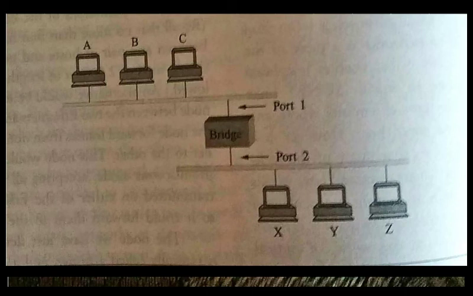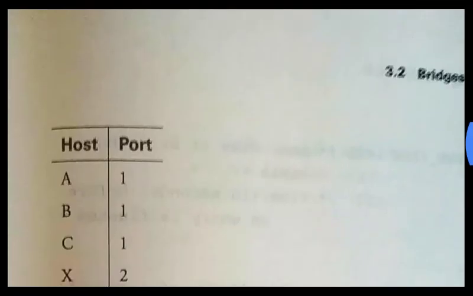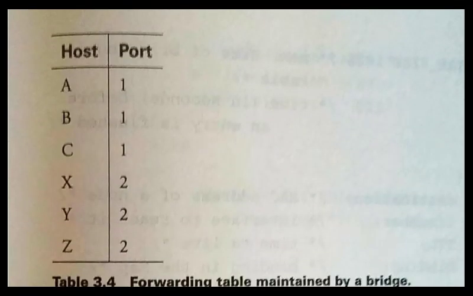You just see it here: whenever the bridge receives a frame on port 1 that is addressed to host A, it would not forward the frame on port 2. There would be no need, because host A would have already directly received the frame on segment 1.